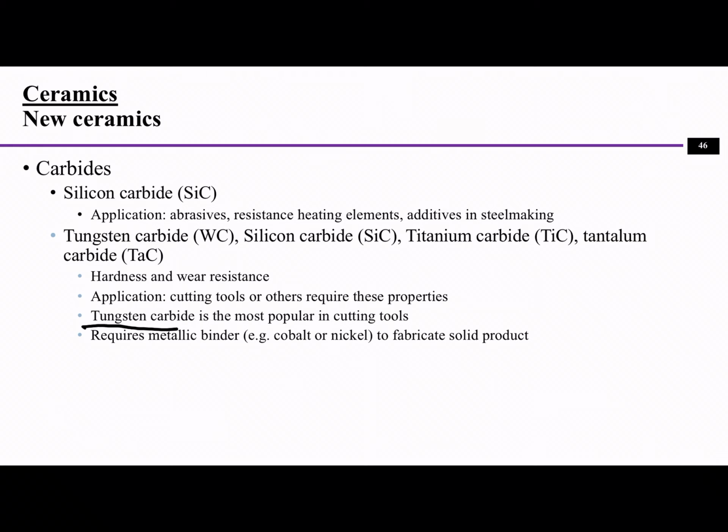Tungsten carbide is also a very common cutting tool material. If you go to different websites to buy cutting tools, you will see different carbides, or sometimes high speed steel, tungsten carbide, boron carbide, or different kinds of materials.